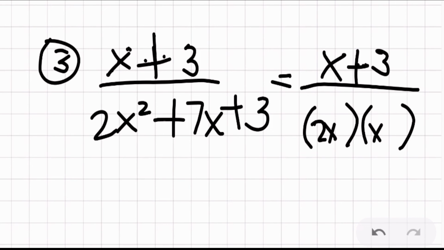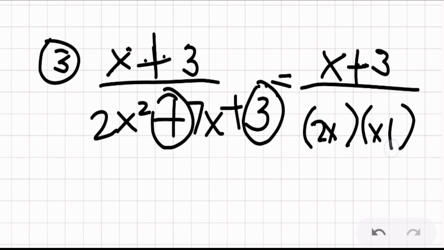And then we wish to have a product of 3 here, so we can only use 1 and 3. Positive or negative? Because our middle term is positive, we use positive 3 and positive 1. If you use the FOIL method, you will get this answer.